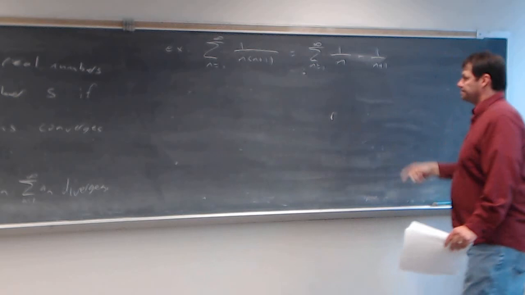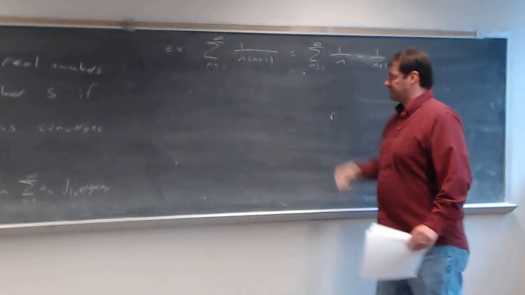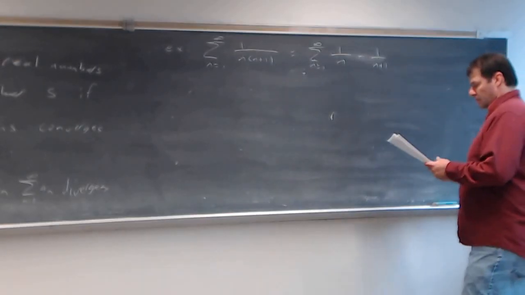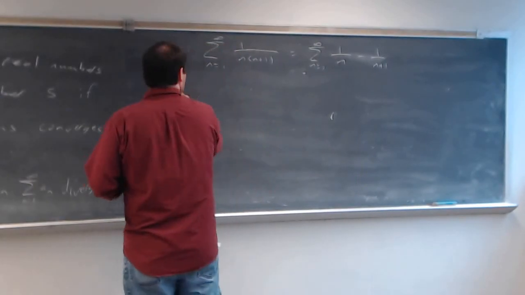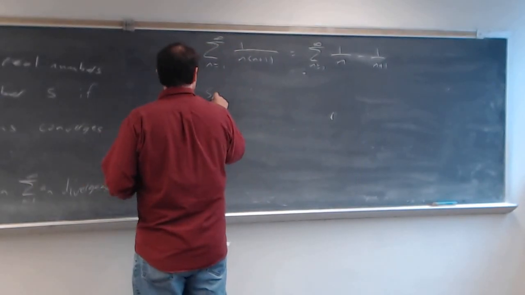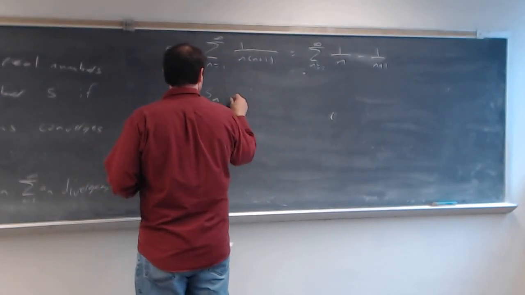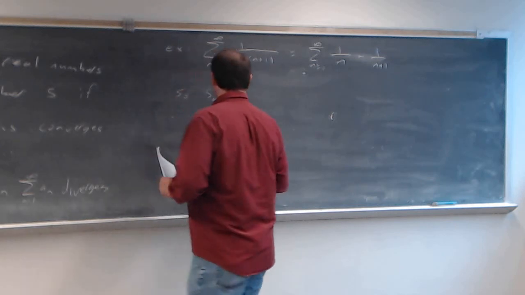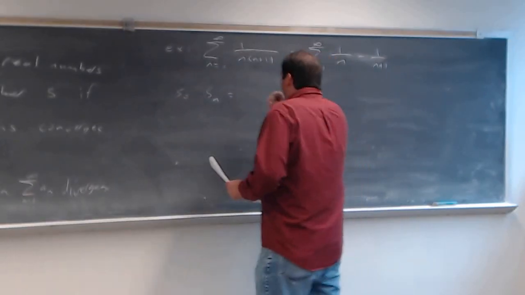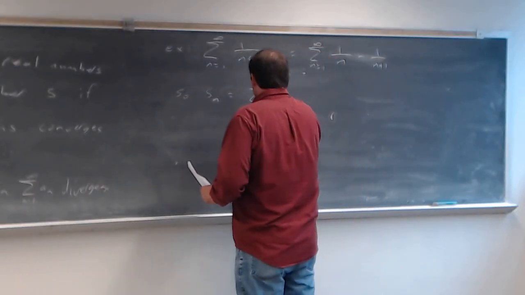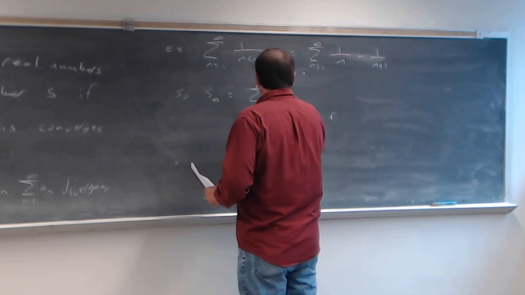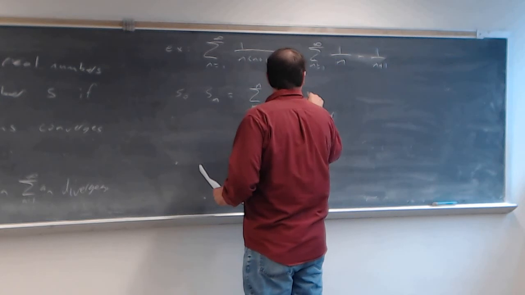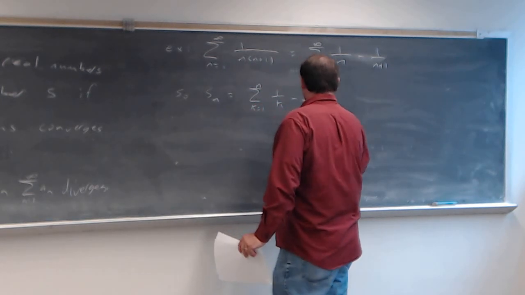You quickly see that this fraction combines to get this one. Okay. So if you look at s of n, the nth term of partial sums, this will be equal to the sum, maybe k runs from 1 to n, of 1 over k minus 1 over k plus 1.